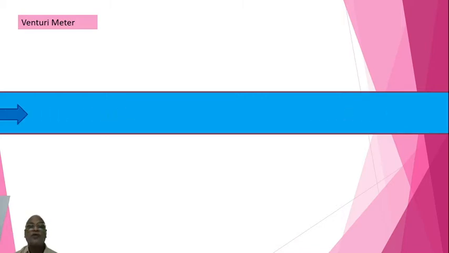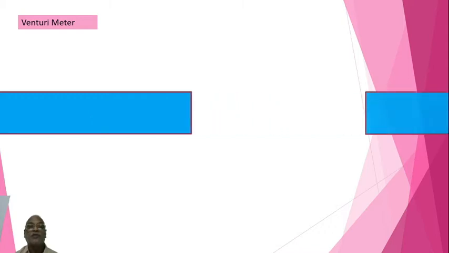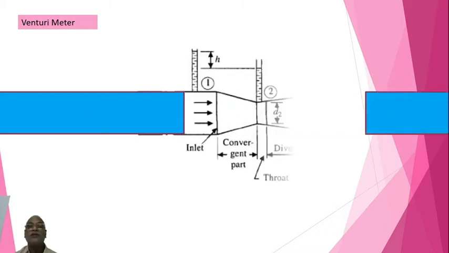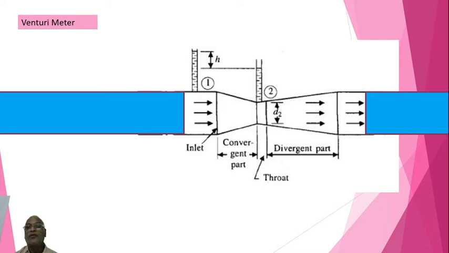You have to cut the pipe in between and insert a Venturimeter. It will fit exactly to the pipe diameter on both ends. So Venturimeter comes in such sizes that it fits exactly into the pipe that you want to fit it in.